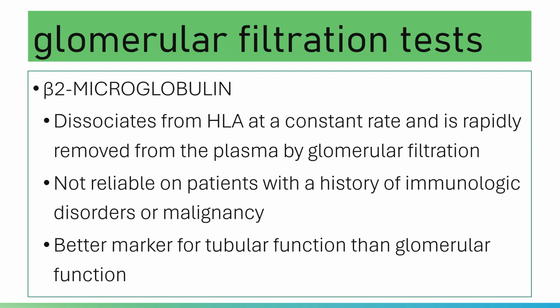Individuals with immunologic disorders or malignancy somewhat involve the HLA. Accordingly, beta-2 microglobulin is a better indicator of tubular function than glomerular function. That is for beta-2 microglobulin. It differentiates glomerular and tubular renal disease.